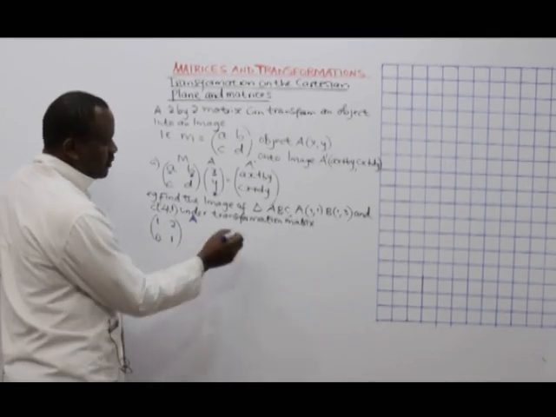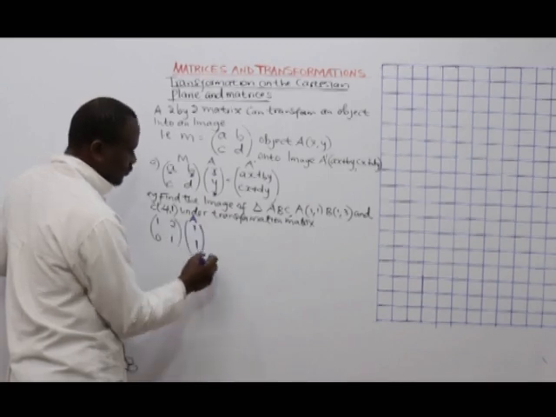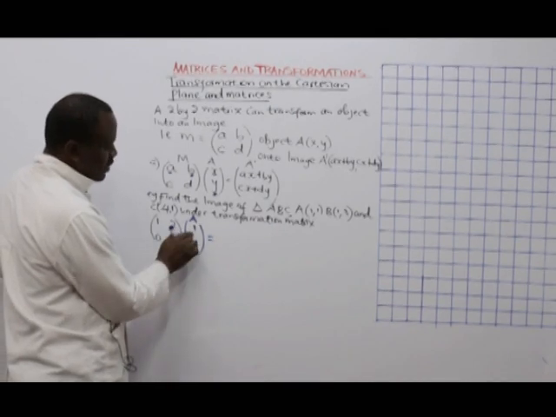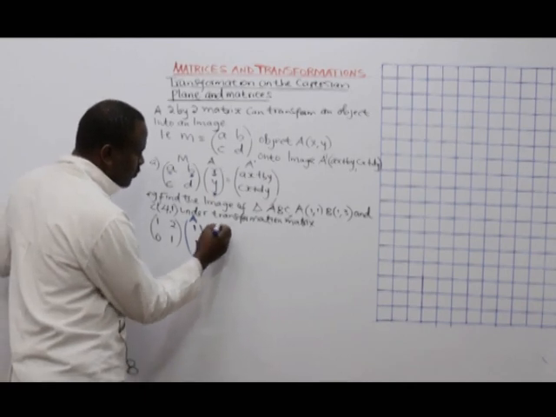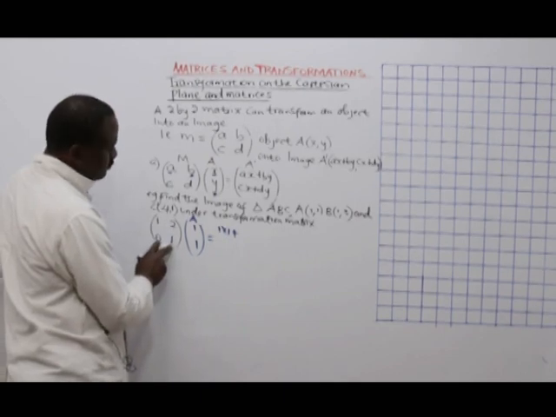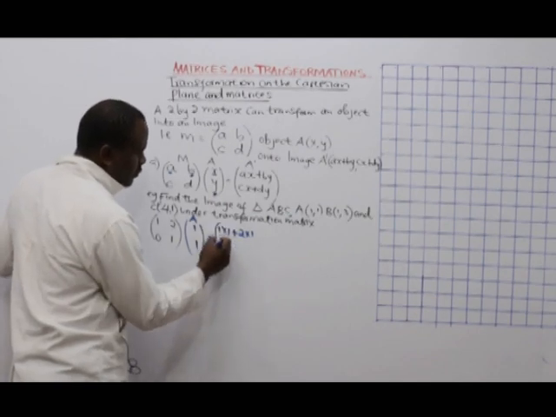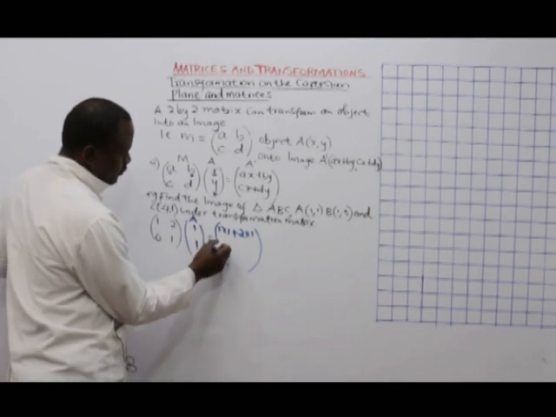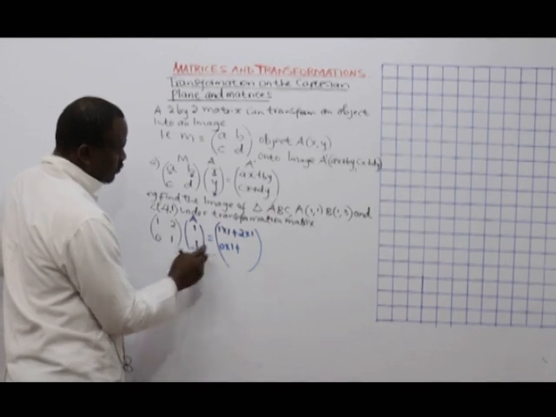A is (1, 1). 1 times 1 is 1, plus 2 times 1. 0 times 1 plus 1 times 1.